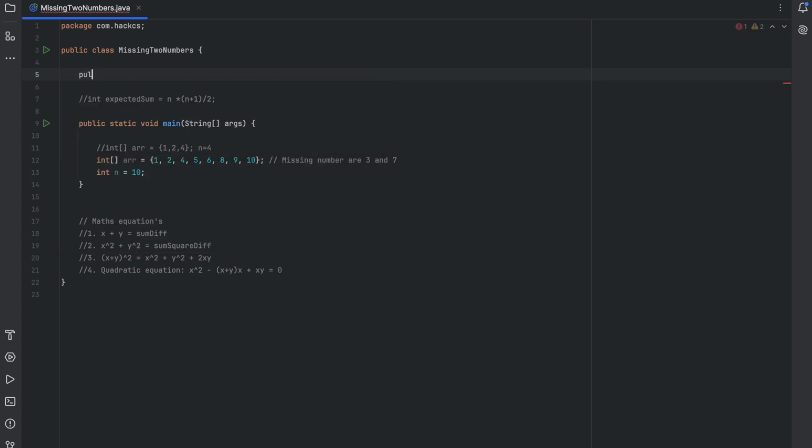Public static integer array findMissingNumbers. We will pass our array, and then we will pass the length of the array.